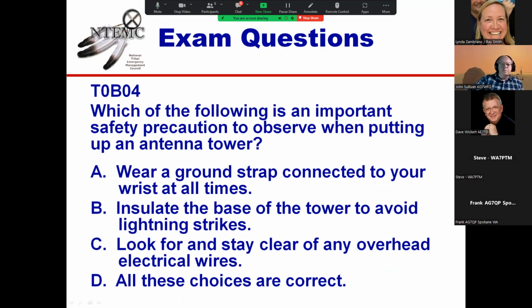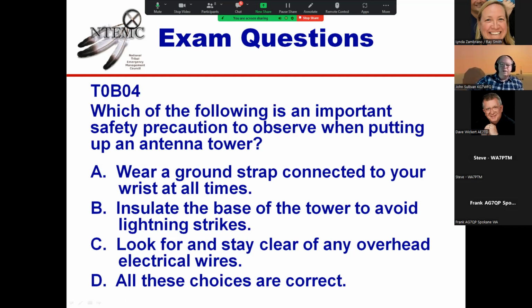Which of the following is an important safety precaution to observe when putting up an antenna tower? Okay, so we're going to put up a tower. Wear a ground strap connected to your wrist at all times. You might want to do that if you're working in an electronic circuit, but not putting up a tower. Insulate the base of the tower to avoid lightning strikes.